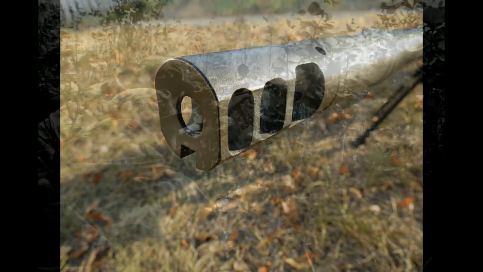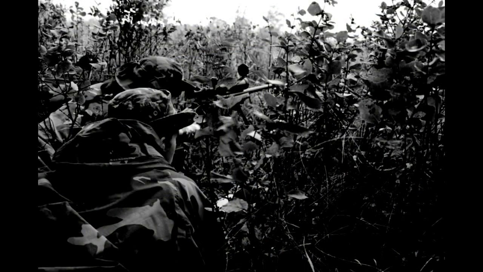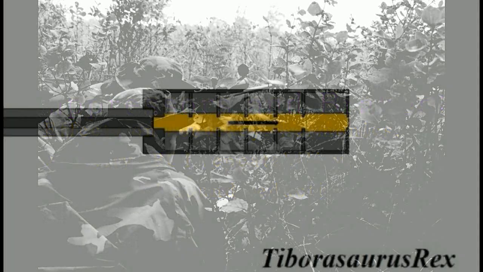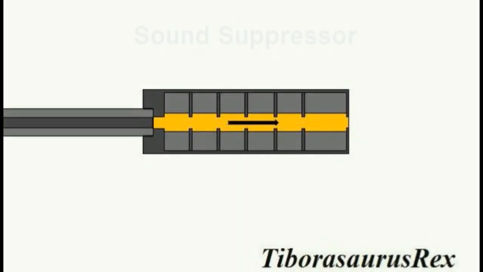And the questions that come up for a long-range precision shooter with these different muzzle devices is, what are their effects on accuracy? What are their effects on barrel harmonics? How do they affect muzzle velocity, point of impact repeatability, recoil, things like that? So let's just talk about it real quick here and see what we got going on.